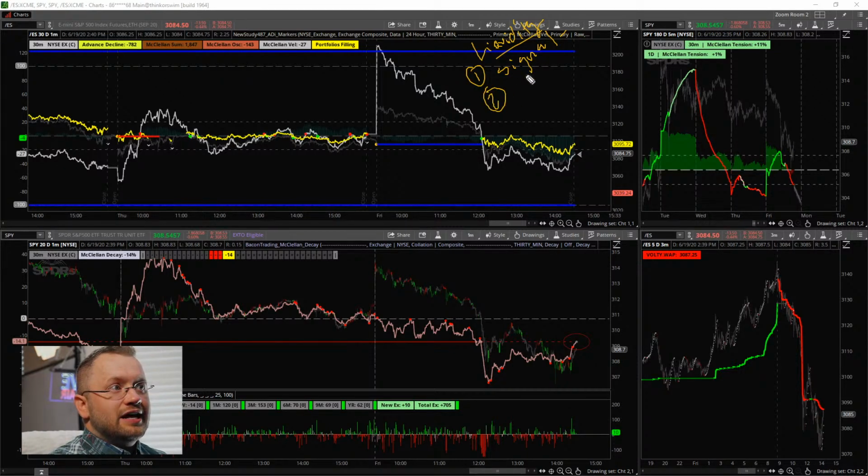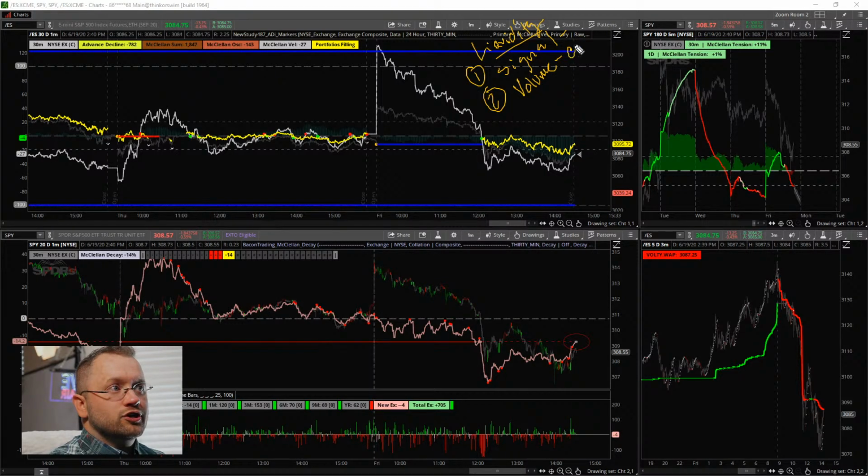Two, you see that signal generate volume of those who chase the signal. And three, we see the institution trade against the volume. They trade against the volume, not the signal.